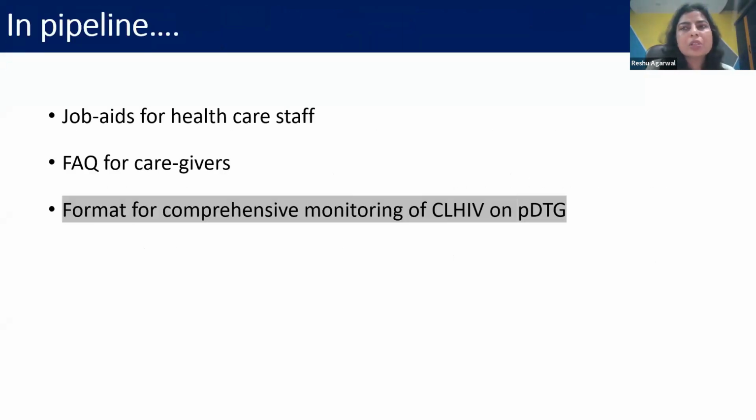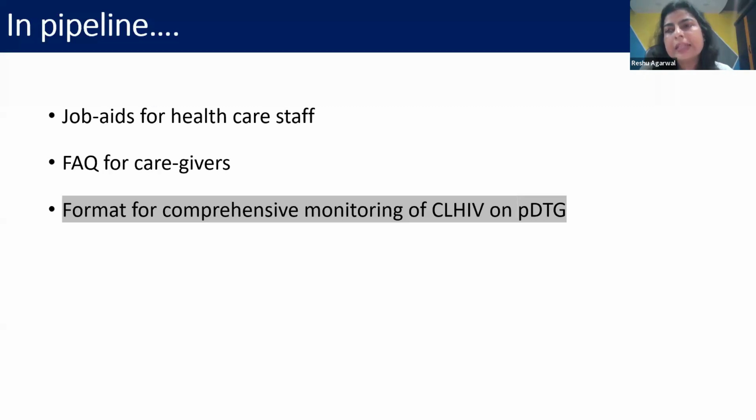NACO is also working on the job aids for healthcare staff, and also the frequently asked questions for the caregivers. And NACO would also be sharing with you an Excel format for comprehensive monitoring of CLHIV on pediatric DTG, because obviously this is the most robust regimen which we have in our armament for the kids, and we really don't want children to be unsuppressed or failing on a DTG based regimen.